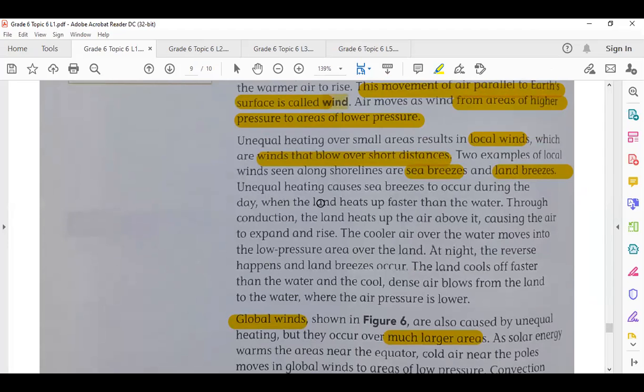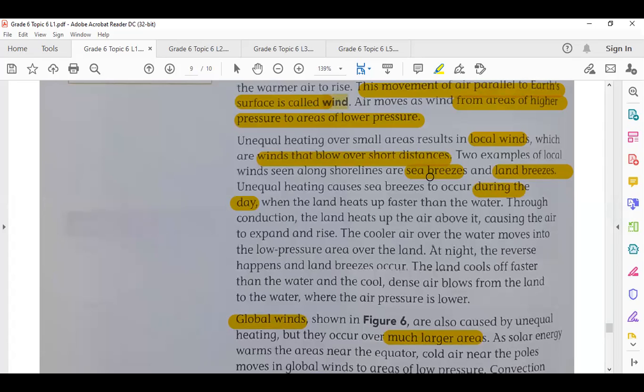Look, during the day, the sea breeze happens. Why? Because the air over the water during the day is cooler than the air over the land.